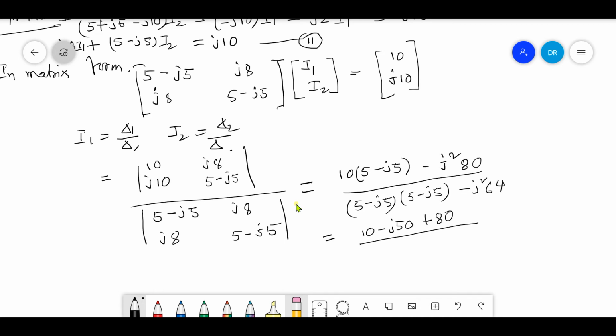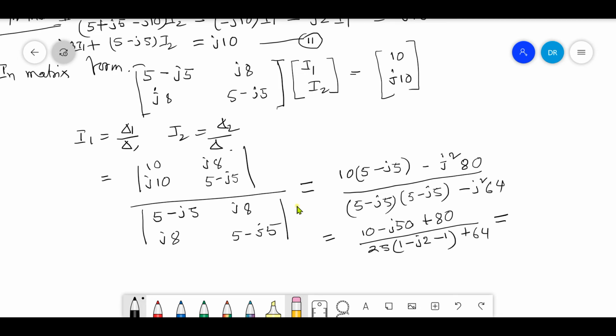J square means minus 1, so it will be plus 80, and in the denominator it will be 64 plus 64.